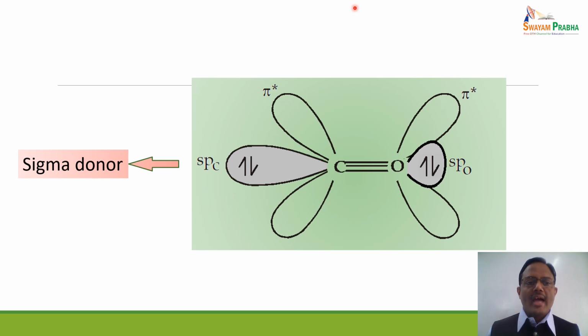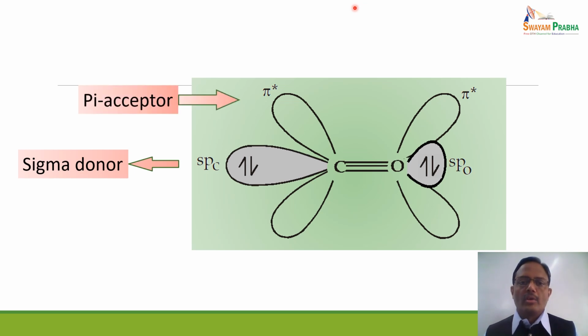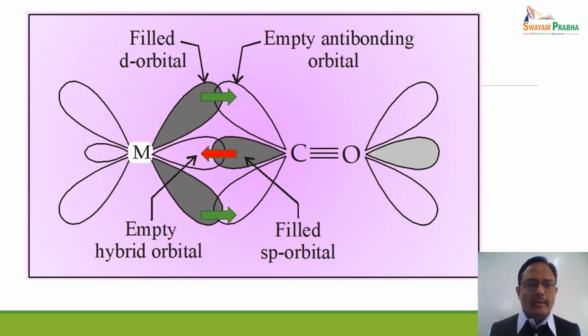Hence, this can act as a sigma donor from the sp of carbon, or the carbon end, while at the same time we have the pi star anti-bonding molecular orbital which is empty, and so it can accept electrons in this pi star anti-bonding, thereby acting as a pi acceptor. This is an interesting case, and it can explain the various metal carbonyl molecules where there is bonding between metal and carbonyl.